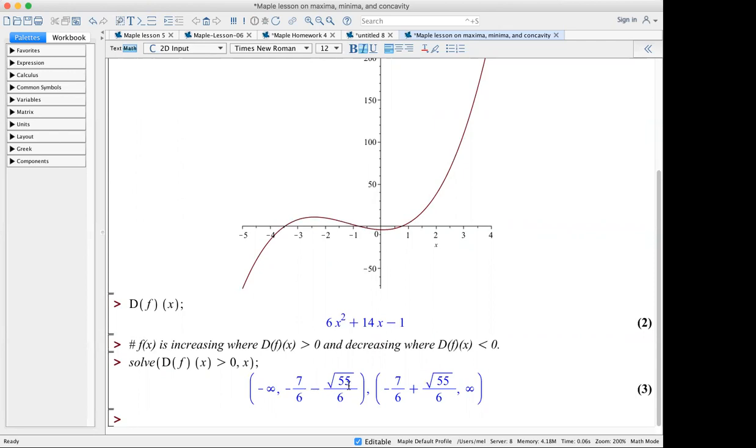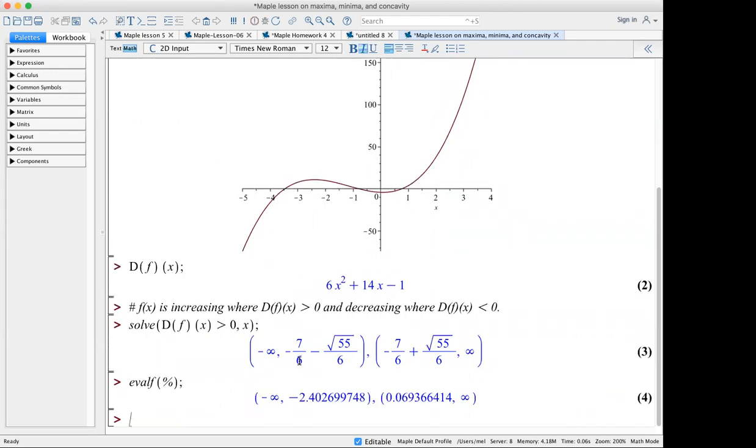And we have 2 intervals where this function is increasing, that is, where the derivative is positive. Solve finds it exactly, and if you convert this to decimals, evalf, and percent means what we just calculated, from -infinity to -2.4, around there, the function is increasing.